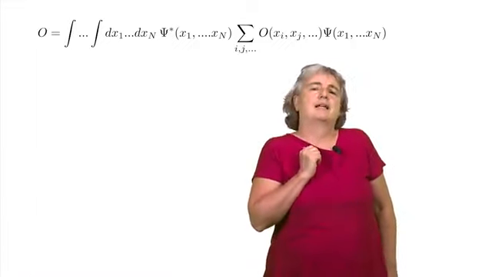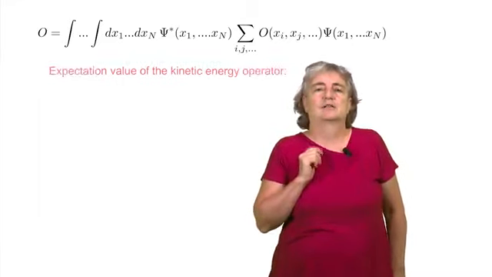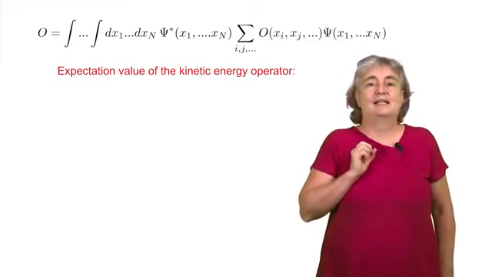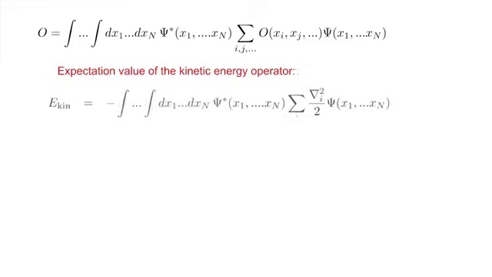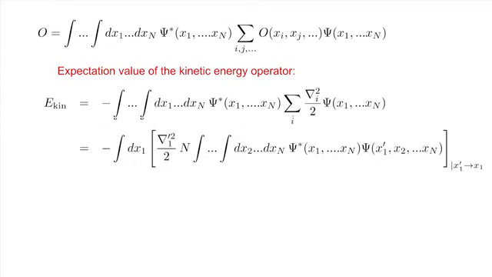What else might we be interested in? Another example, the kinetic energy. Again, we can easily express it in terms of the many-body wave function. This time, shuffling around the terms is not completely trivial. See, you have to make sure that the derivative is taken only on the wave function on the right side.